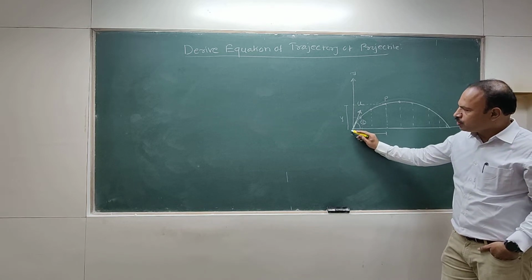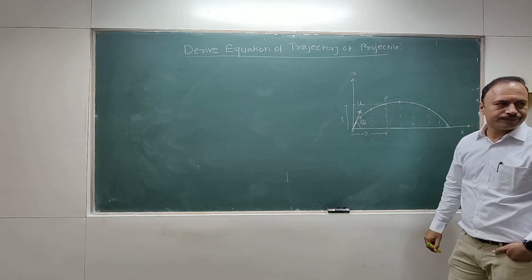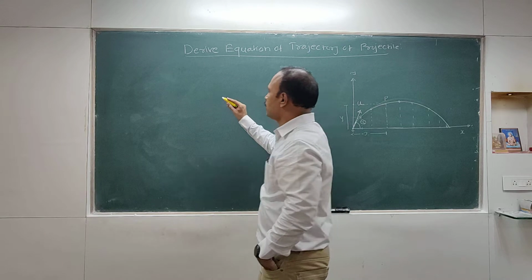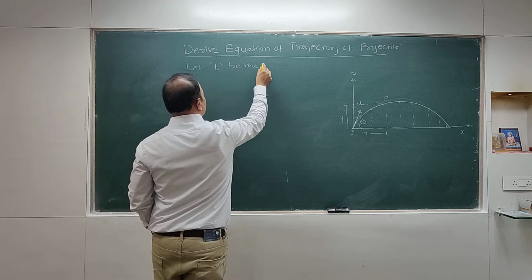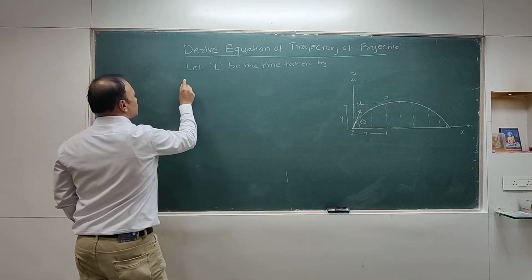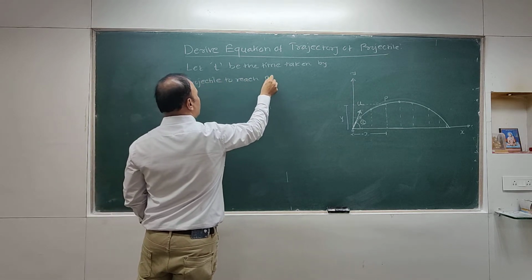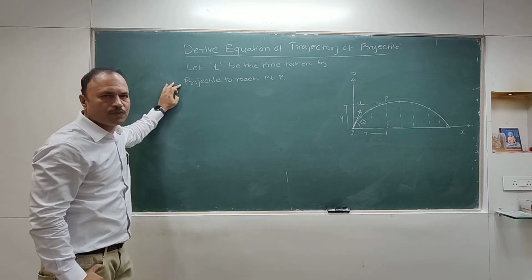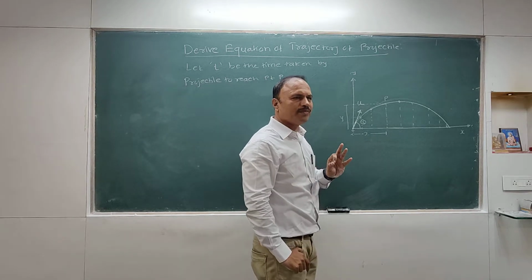So when we throw the projectile from point O, it takes some time to reach point P. Let t be the time taken by the projectile to reach point P. Here is point P, so from here to here it has taken some time.